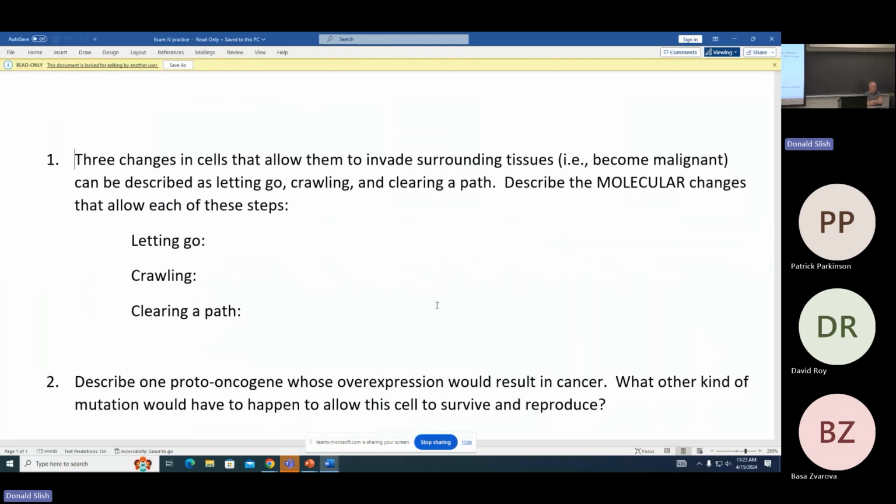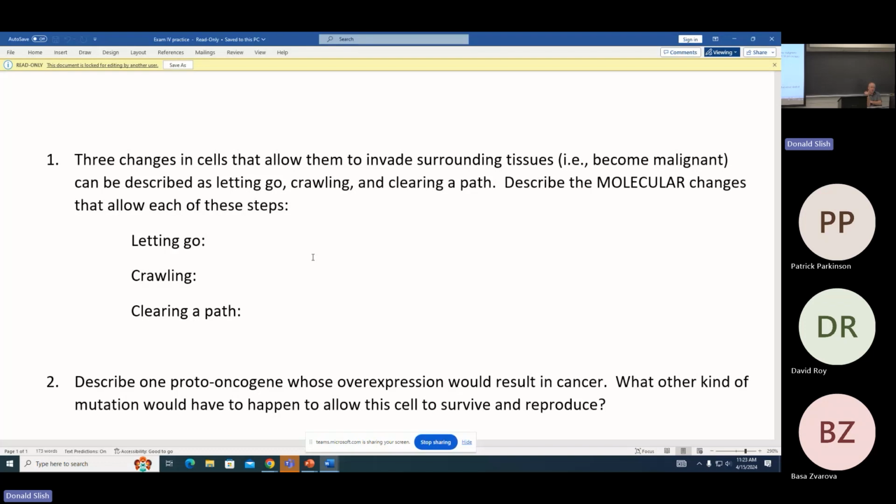Three changes in cells that allow them to invade surrounding tissues can be described as letting go, crawling, and clearing. What are the molecular changes that allow each to happen? So letting go, what does that mean molecularly? The focal adhesion gets messed up. And what else? The anchorage dependent thing also. Right. So I don't know exactly how it happens, but you're right.